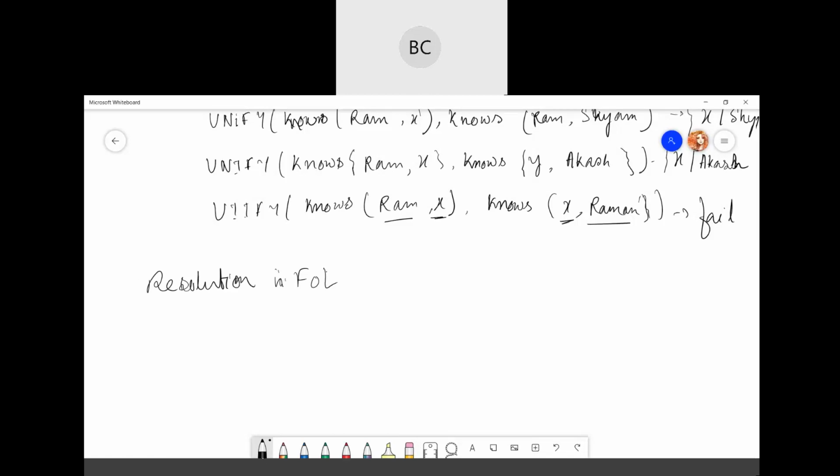So your resolution theorem will provide a meaningful proof, or it will help you to build a refutation proof.